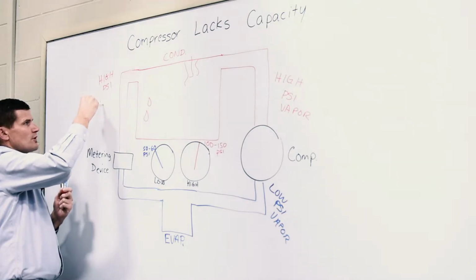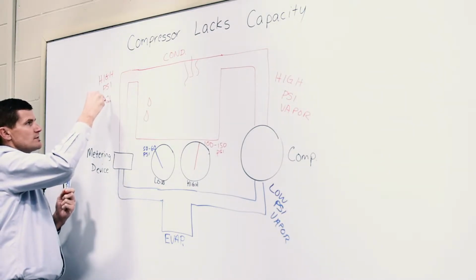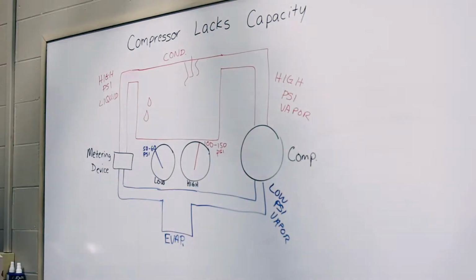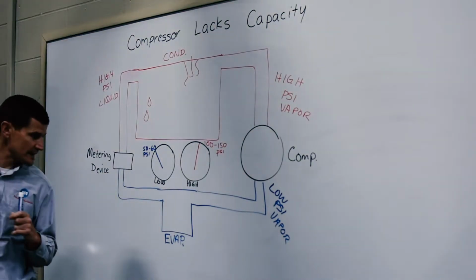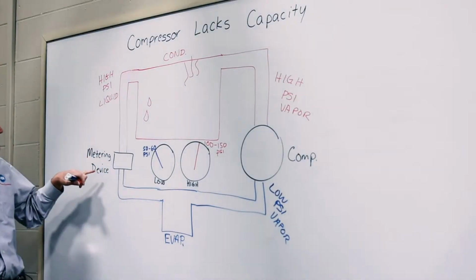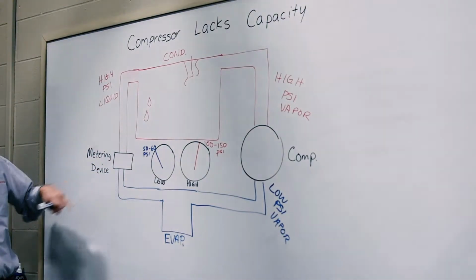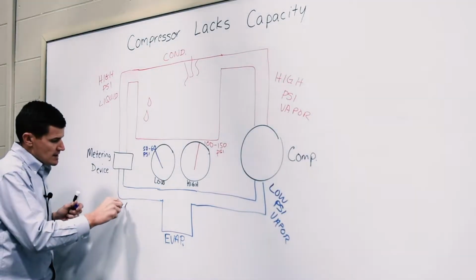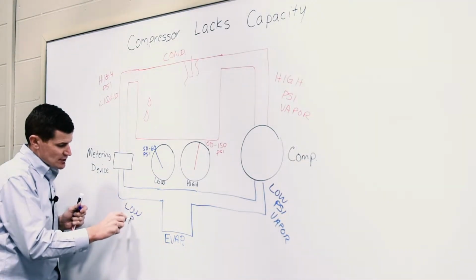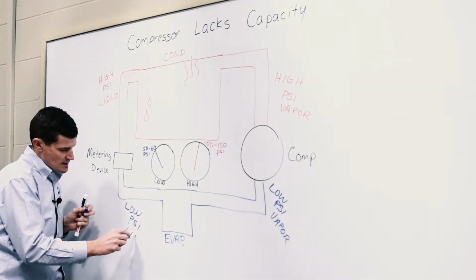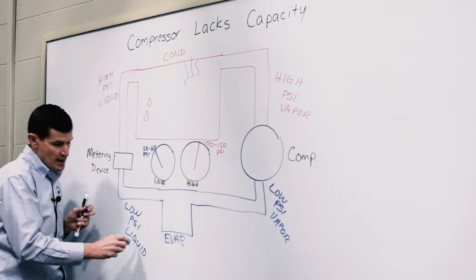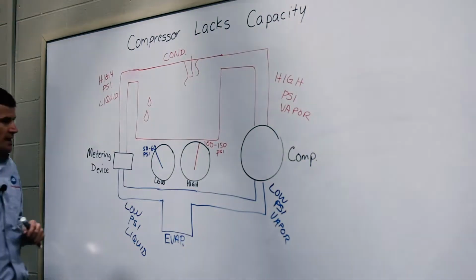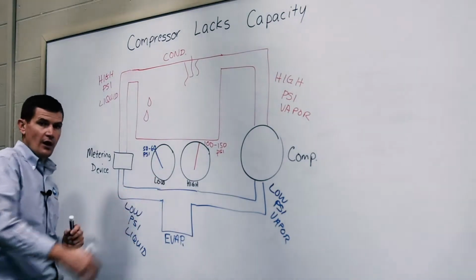And that's super important because the next thing that it's going to go to is our metering device. Our metering devices are thermal expansion valves, or an orifice tube on some of our older vehicles. And the process of that is it's going to take high pressure liquid and change it into what we consider to be low pressure liquid. And then where the magic actually happens in our AC system is where we take air that's coming in from your vehicle, 90 degree outside air, and that air is going to be passed through our air plenum.